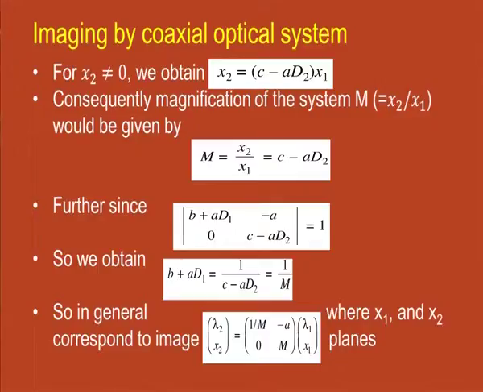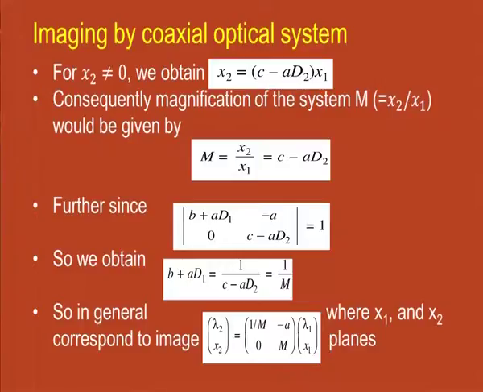Further, since the determinant of the square matrix b plus a d1 minus a 0 c minus a d2 is equal to 1, we obtain b plus a d1 minus 1 by c minus a d2 is equal to 1 by magnification m.